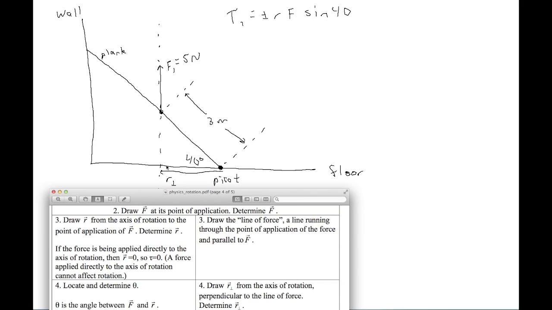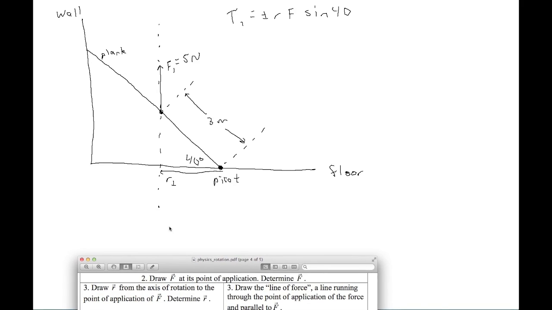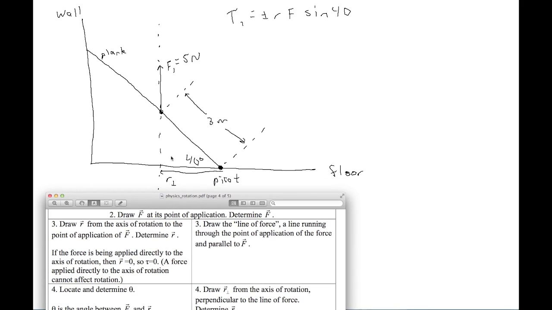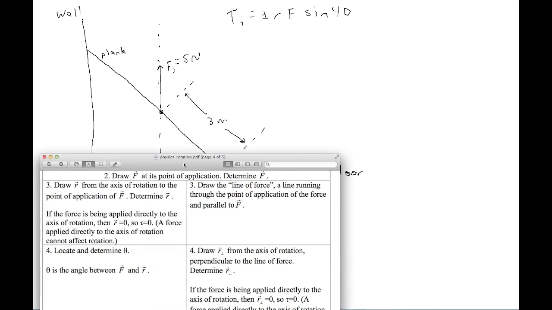It would be a waste of time to keep drawing it down here because we didn't need that. And it would be a waste to keep drawing it up here. But we need some line because R perpendicular is not going to intersect with the force itself. It's just going to intersect with the line of the force.